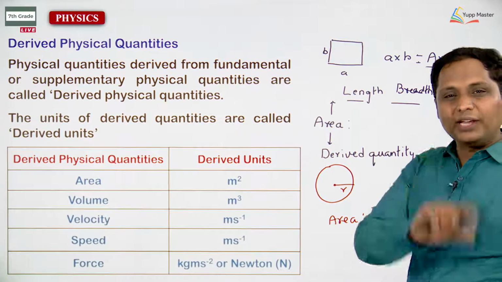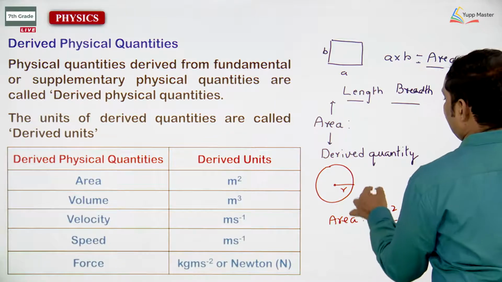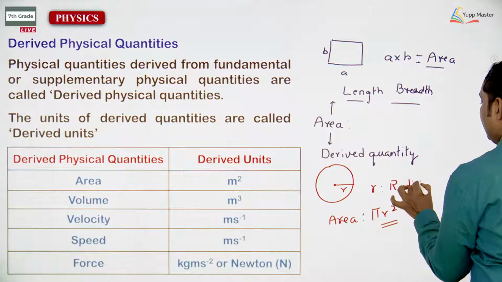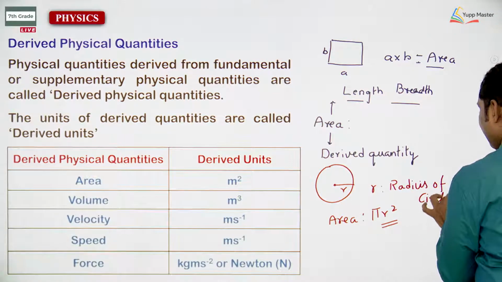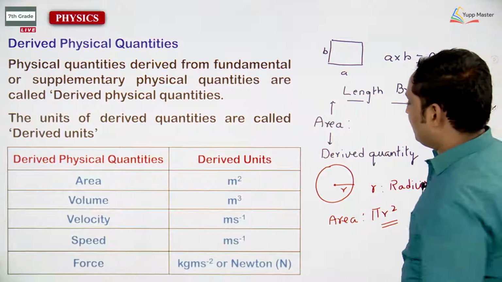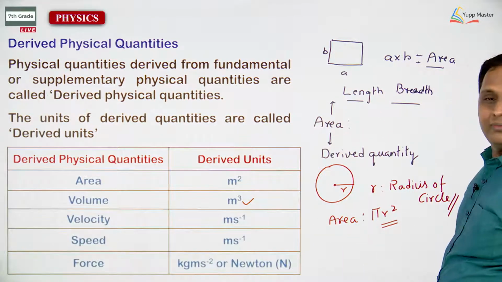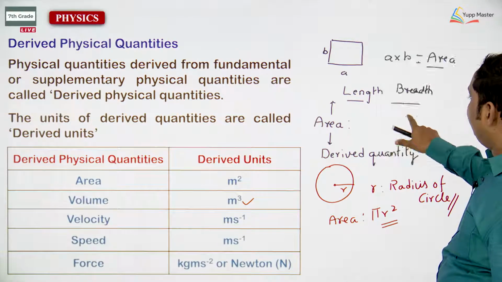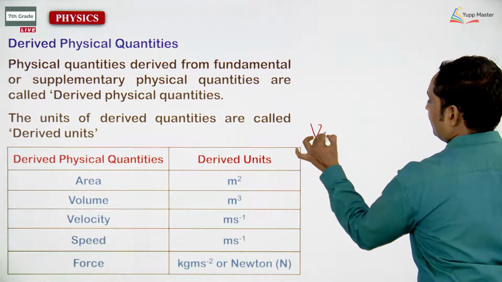Now we are going to take pi r square, it is the area. It depends on r, the radius of the circle. Very clear. If you are going to take volume, you have to identify that, volume.